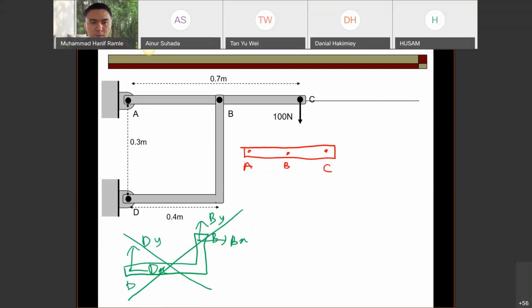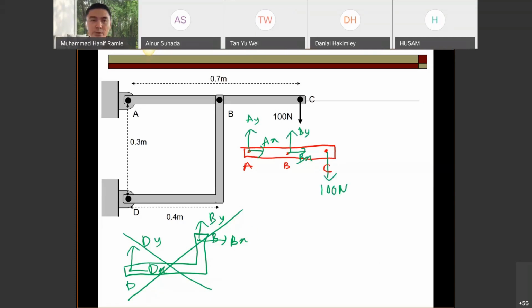You cannot solve it. About ABC, this one AY, AX. At point B, we do have a pin system as well, BY and BX. And at point C, we do have the known value.